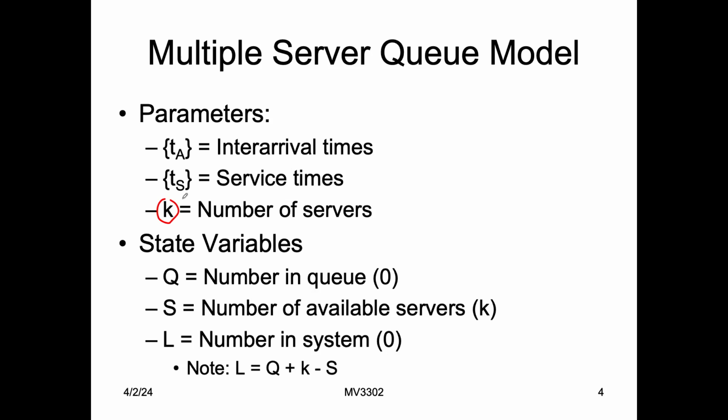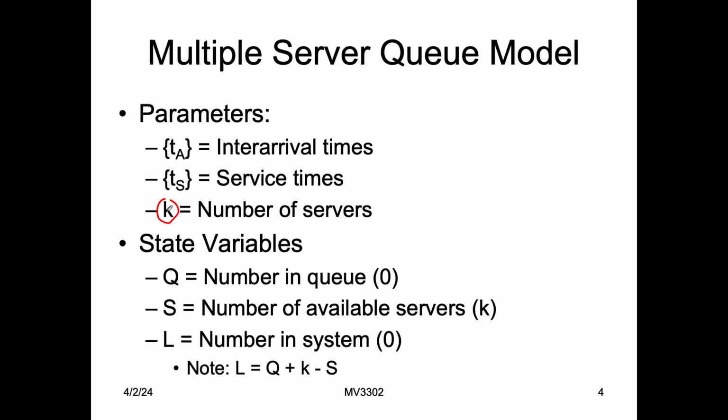This allows us to ask the kinds of questions we might be wondering about. If you're running this facility, one of the questions you might ask is, should we get another server? Do we have enough? And what are the criteria for that? As we go along, we'll get into a little more depth about that. But with this parameter, I can create one model, change the parameter, and ask those what-if questions.